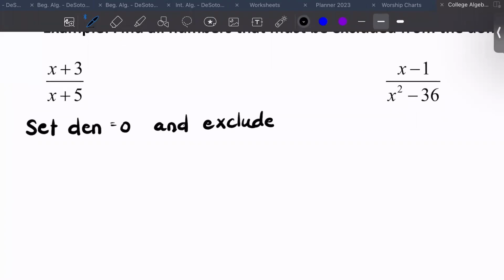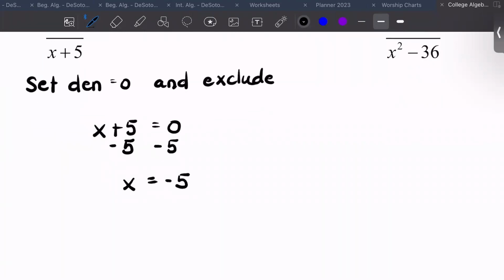So x plus 5 is our denominator, set it equal to 0, and we want to solve for x. So we're going to subtract 5, no big deal, and x equals -5. So if we plugged in -5 for x in our denominator, we would get 0. And of course we would: -5 plus 5 equals 0. So when x equals -5, we have an issue. That's not going to be in our domain.